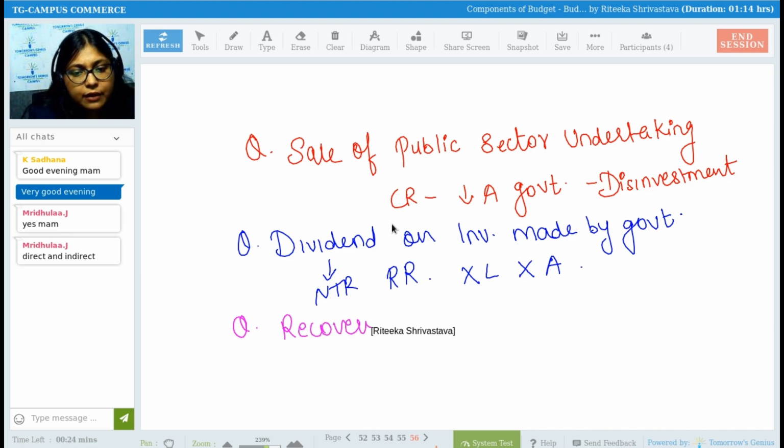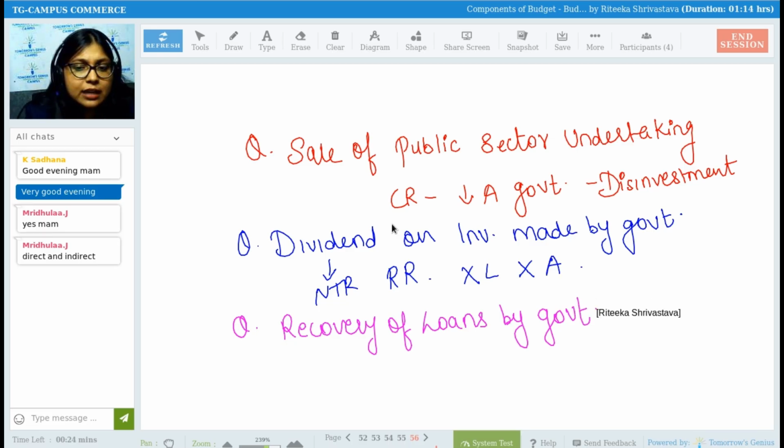Next, recovery of loans by the government. Now tell me, is it a revenue receipt or a capital receipt?